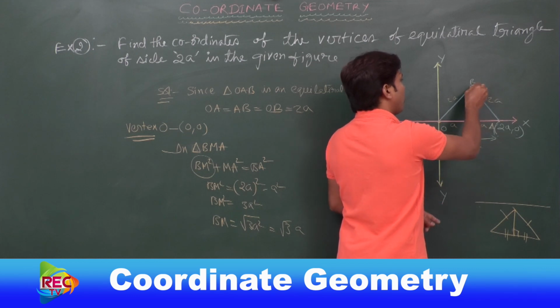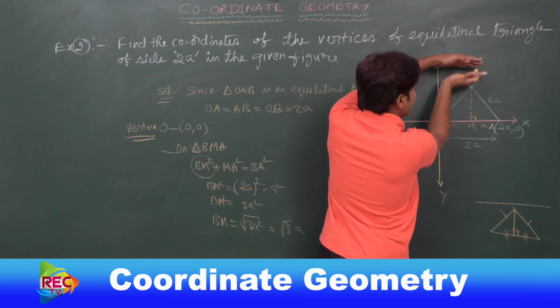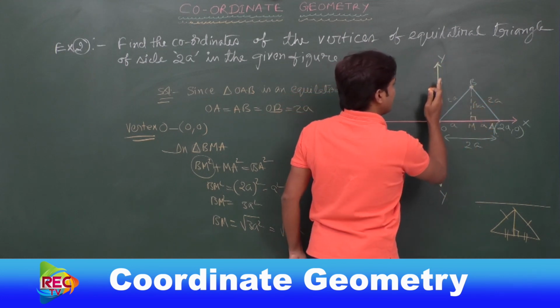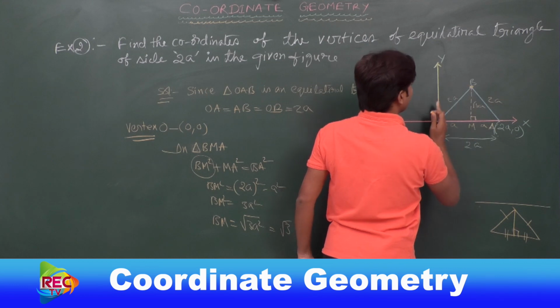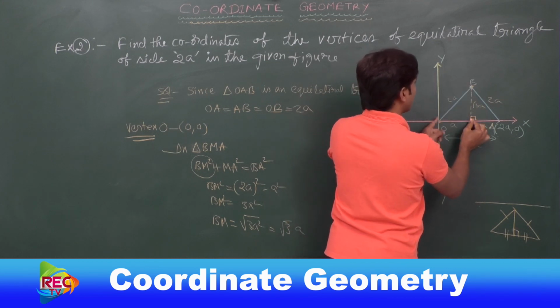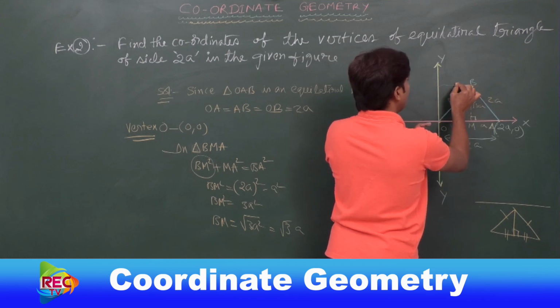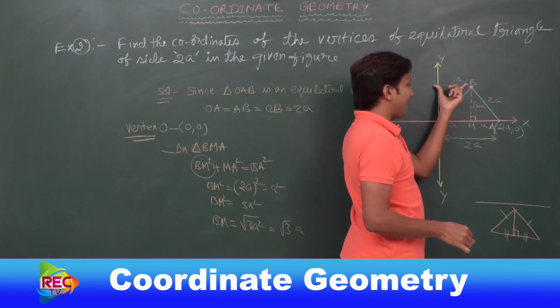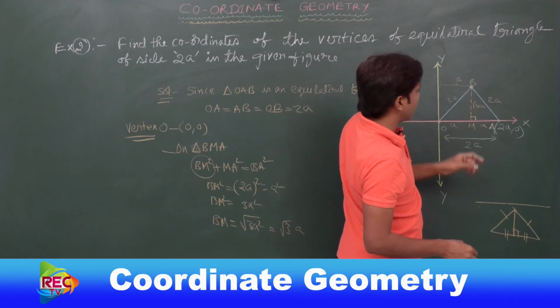This means the distance of point B from the x-axis is root 3 a, and the distance of this point from the y-axis would be a. Yes. So the x coordinate would be a, and the y coordinate would be root 3 a.